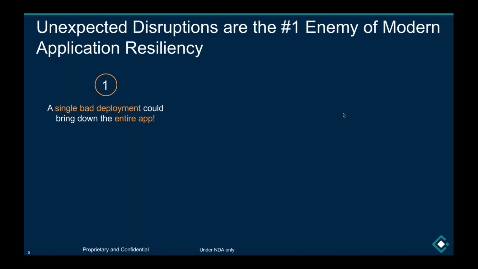A single bad deployment to one of the cache services could actually disrupt the application, because the cache layer enables the browser layer to communicate through to the backend. And now, if you messed up the cache layer because of a bad deployment, now the entire application is not responsive. So what do you do? You will have to figure out a mechanism to buy time, right? Enable some other mechanism to bring up that application first.